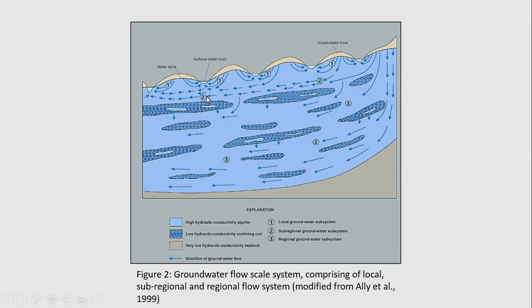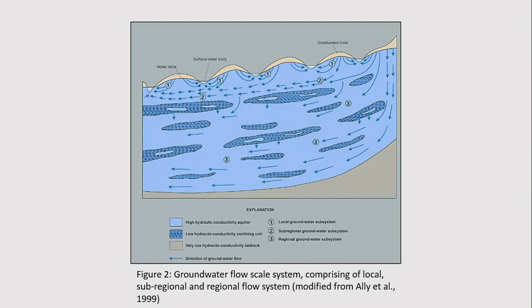So number 2 here, you have your sub-regional groundwater system or subsystem, where this one might take years to become evident, due to the sub-regional scale. It might be recharged somewhere far away from the discharge source, and it might travel along the groundwater flow path and take maybe years to come to the discharge source.